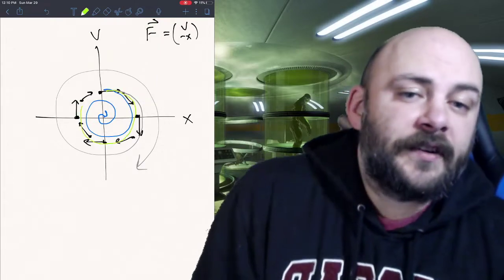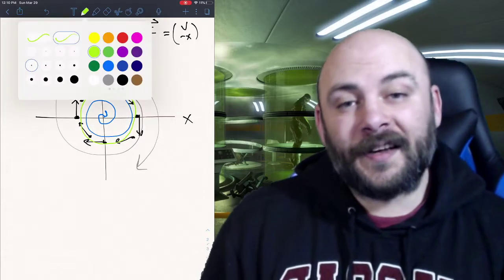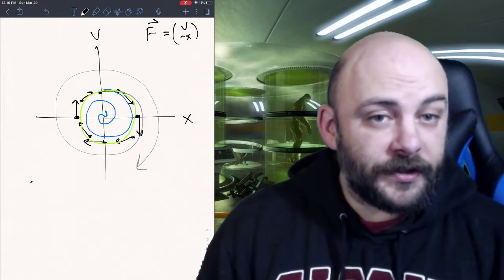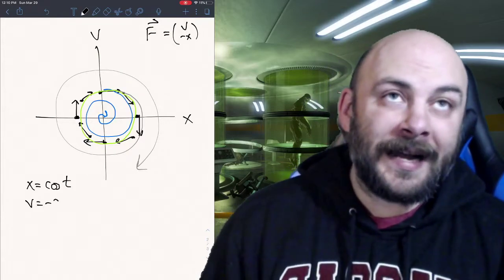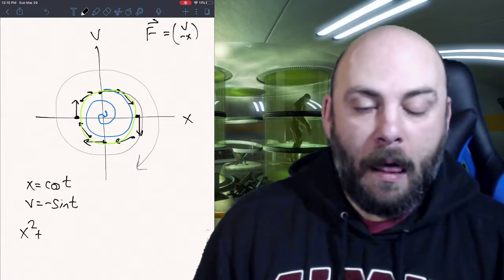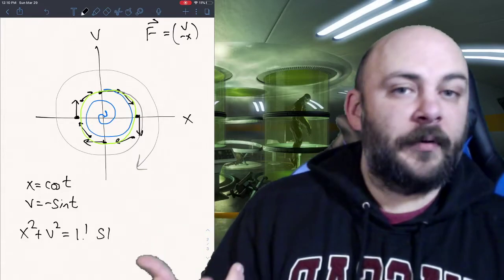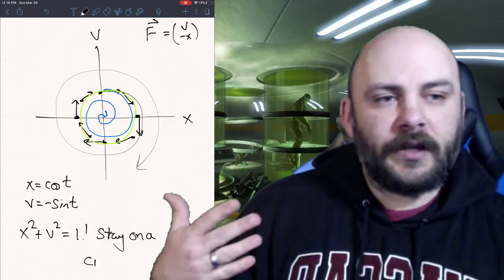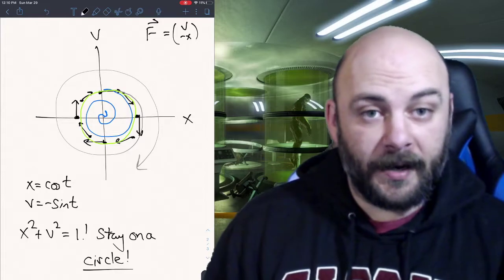This is easily verified in this case because we know that cosine of t and negative sine of t are my solutions to this differential equation system. So I actually know, since x squared plus v squared equals 1, that's exactly how you parameterize a circle, so it will stay on the circle.